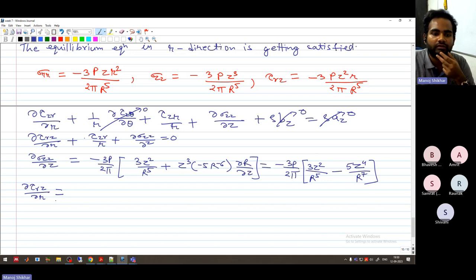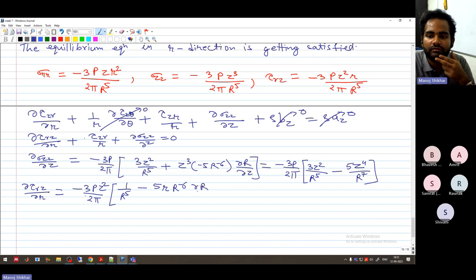Tau rz upon del r is minus 3p z square by 2 pi. We can take this as common. So this is 1 by r to the power 5 minus 5 small r to the power minus 6 del r upon small del r.